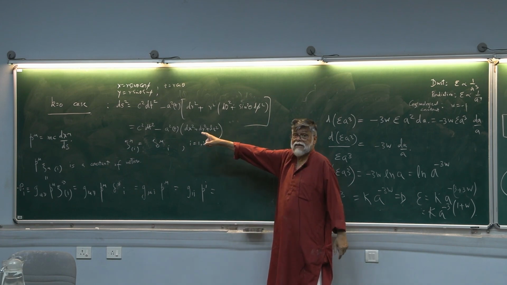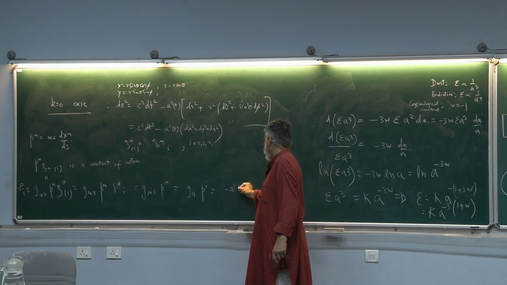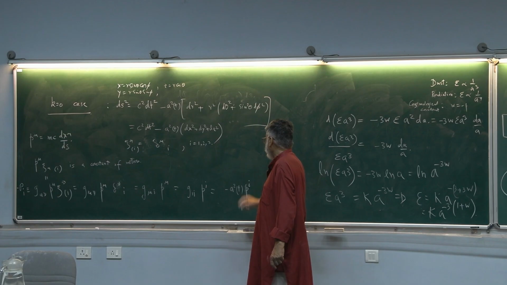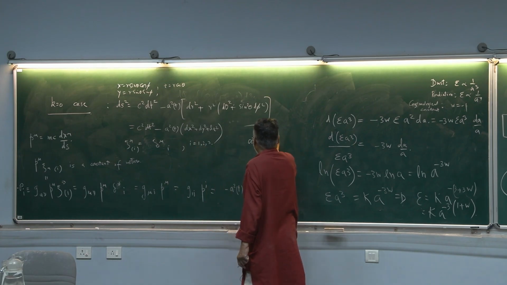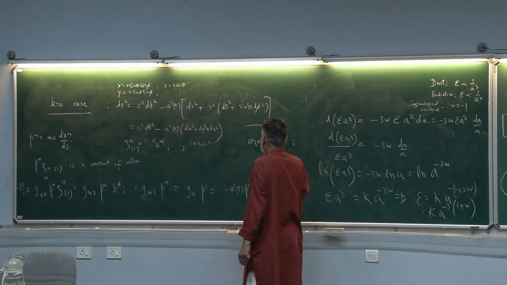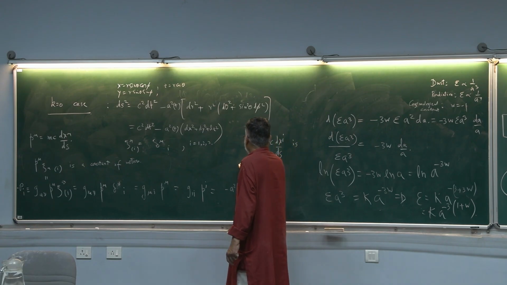GII is minus a square t. So therefore you get minus a square of t. So in other words, we see that a square of t, what is Pi? Pi is mc dxi by ds, is a constant of motion.